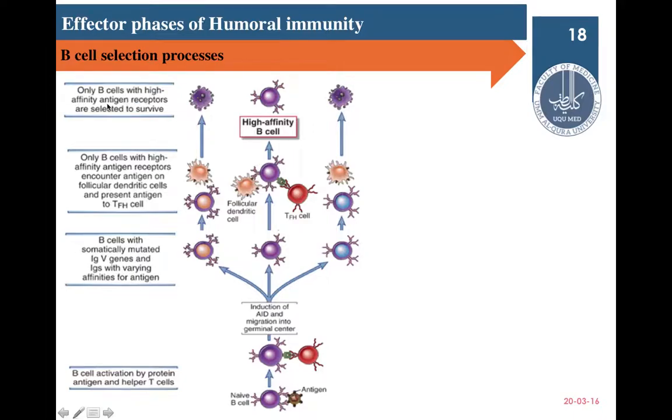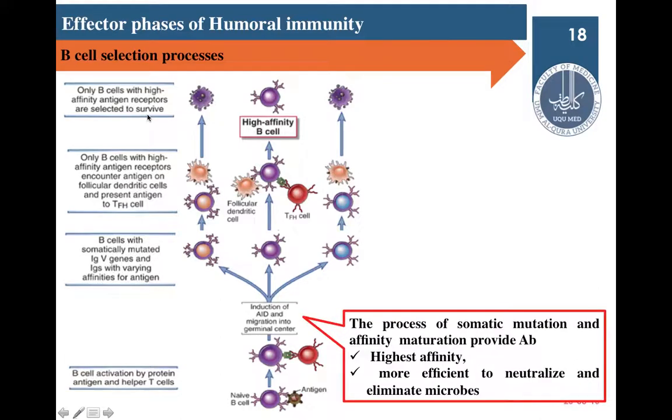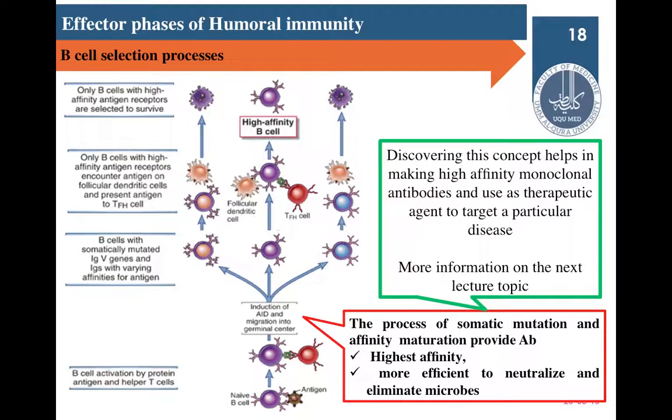So only B cells with high affinity antigen receptors are selected to survive. The process of somatic mutation and affinity maturation provides antibodies of highest affinity, more efficient to neutralize or eliminate the microbe. Discovering this concept helps in making high affinity monoclonal antibodies and using them as therapeutic agents to target a particular disease. We'll talk about this in the next lecture topic.